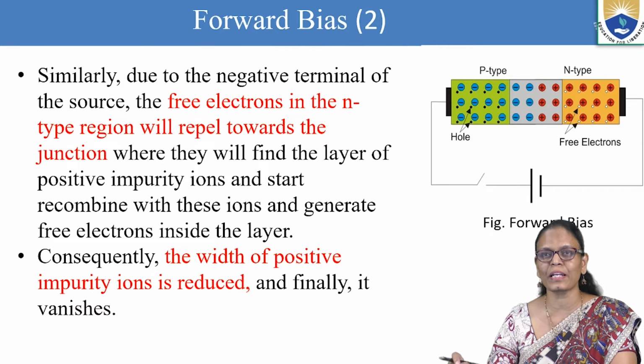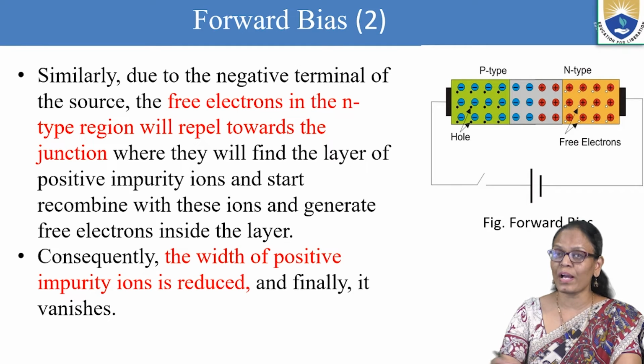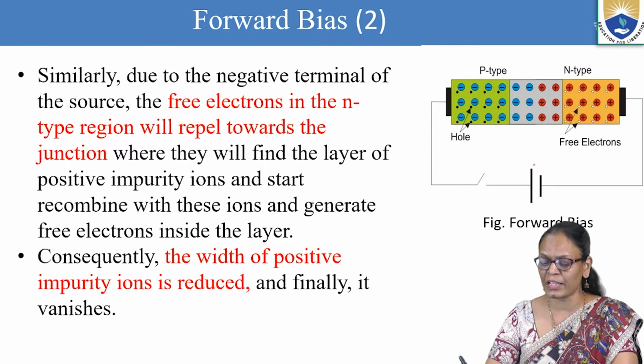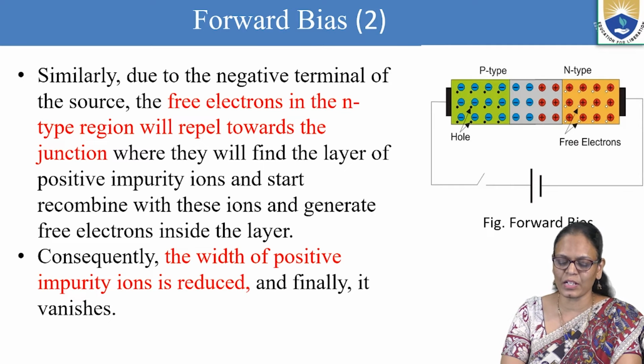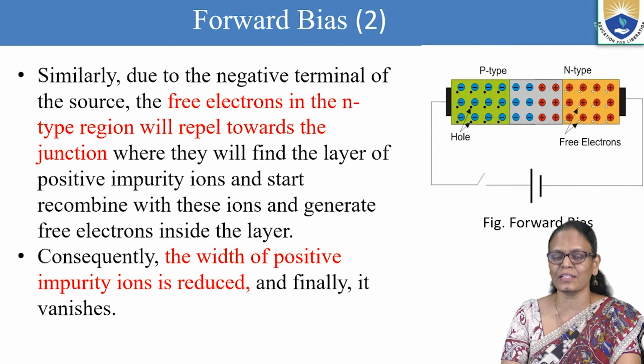At one particular voltage, what happens? The depletion layer vanishes. Now, if you see the negative terminal, we have connected the N-type to the negative terminal. So what happens here? The free electrons in the N-type region will be repelled towards the junction.